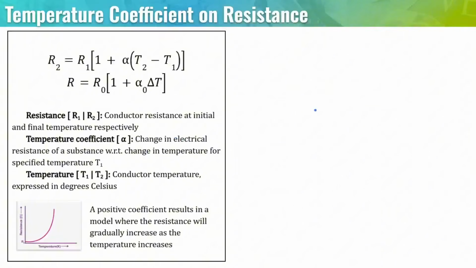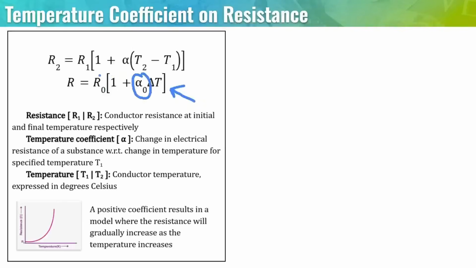So for example, if it says the temperature coefficient at 25 degrees, that means this 25 degrees must be the initial temperature. Otherwise, if it says at 0 degrees, then 0 degrees is our initial temperature. So that is the importance of this alternative formula here.